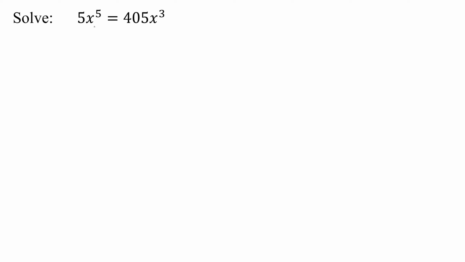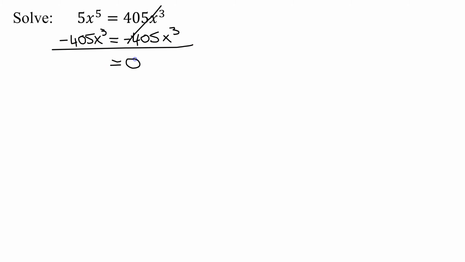So what we need to do is get 0 on one side and then see if we can factor the problem. So the first thing I'm going to do is subtract 405x cubed from both sides of the equation. And when I do that, I get my 0 on the right-hand side.